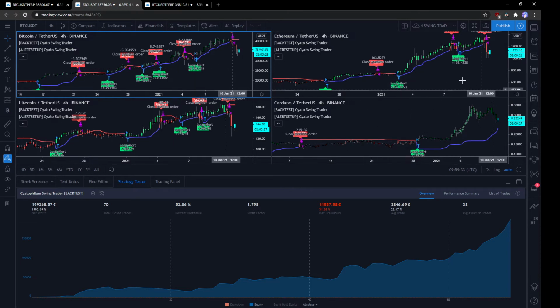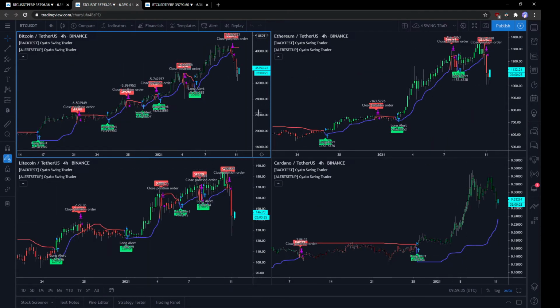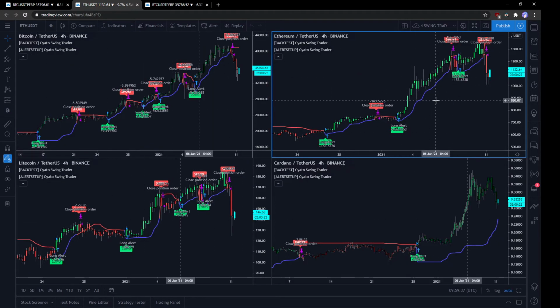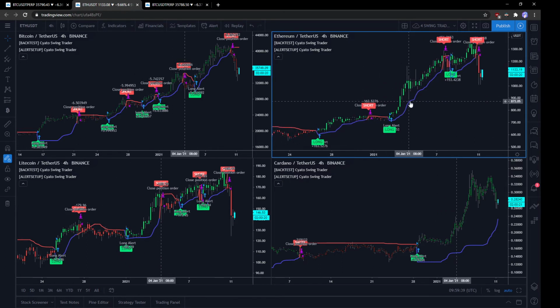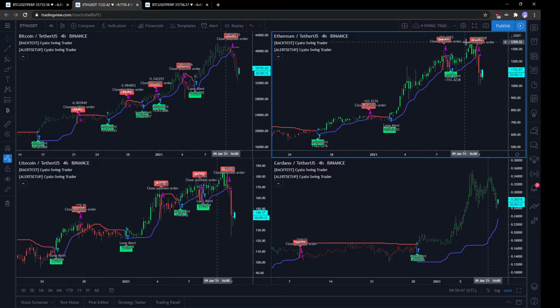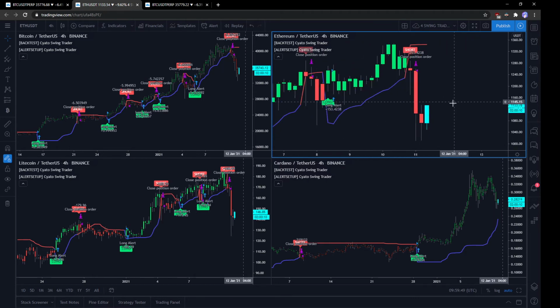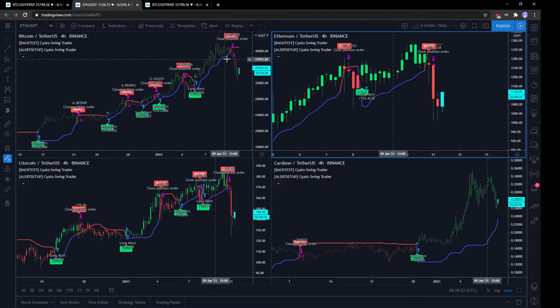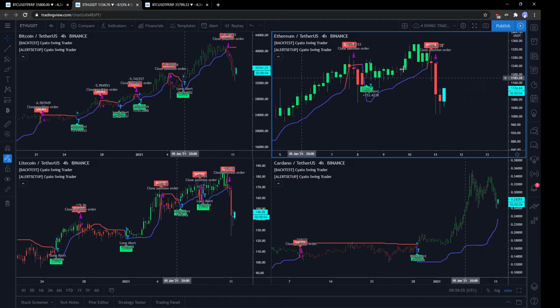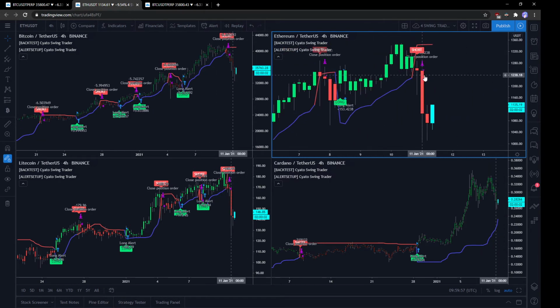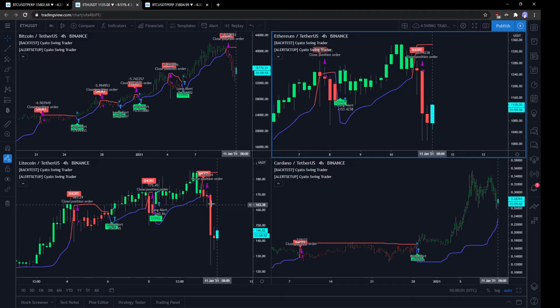So those are the 4 swing trade setups that I created, that I am currently forward testing. I got sell signals yesterday during the night, and luckily it was right before the big move here on Ethereum, on Litecoin as well.